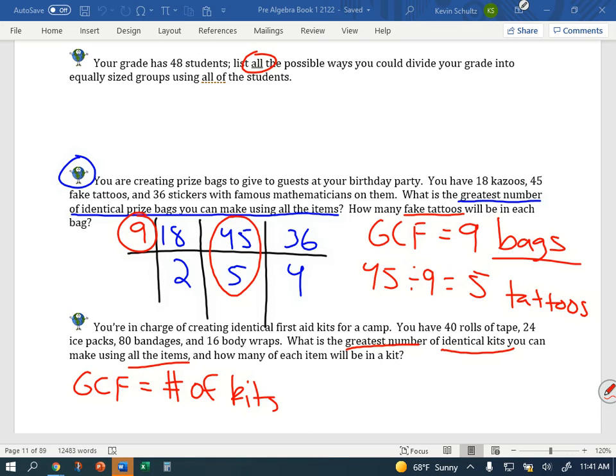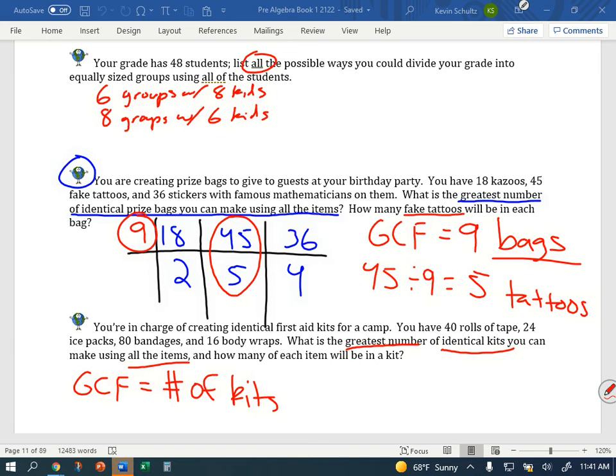Yeah, sure. You could do 6 groups with 8 kids, right? 6 groups, 8 kids, 6 times 8 is 48. You could also switch that around. You could do 8 groups with 6 kids, because 8 times 6 is 48. Okay?